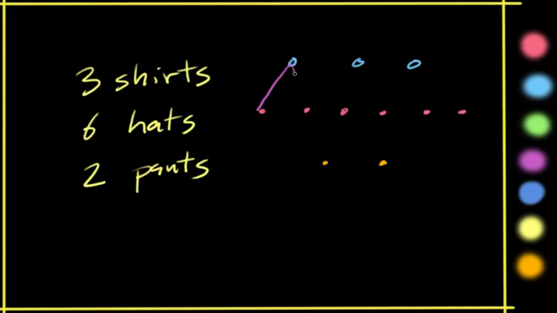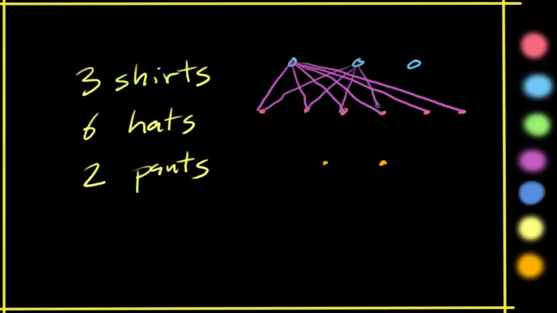So I've got all 6 of these, 1, 2, 3, 4, 5, 6, and then all 6 of these, and all 6 of these. So altogether I've got 18 outfits so far, just with shirts and hats.